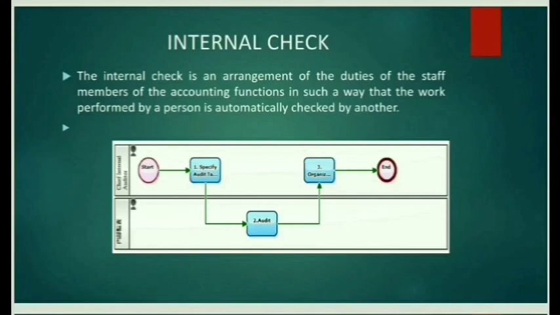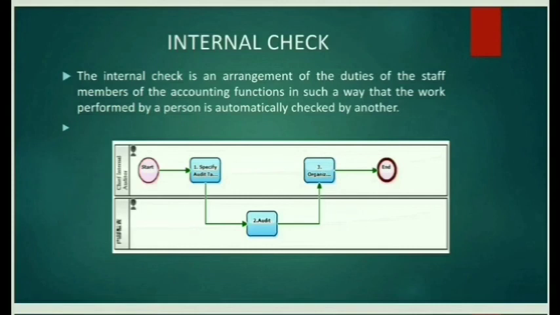So there are a lot of advantages in this internal checking system. The very important thing is the work is divided among the employees, so the employees may not feel the burden of work and they will perform their work very efficiently. The second one is moral check on employees. When the employees feel that someone is checking them, they will be more conscious in their work.